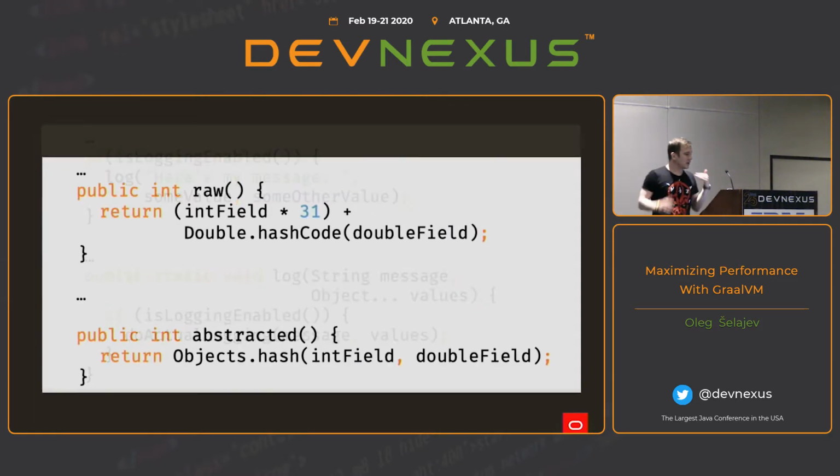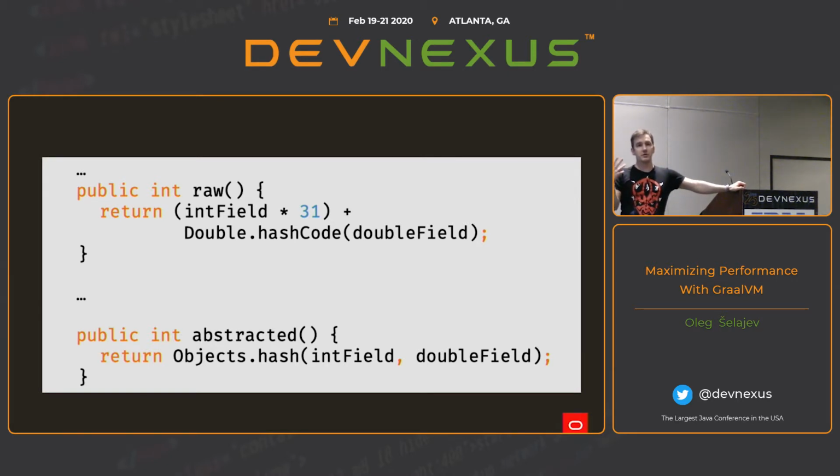How many of you have seen people using explicit math or manually optimized versions of the code rather than using something more abstract? It's a typical performance trade-off. People sometimes say, okay, this is slow, we need to rewrite that.